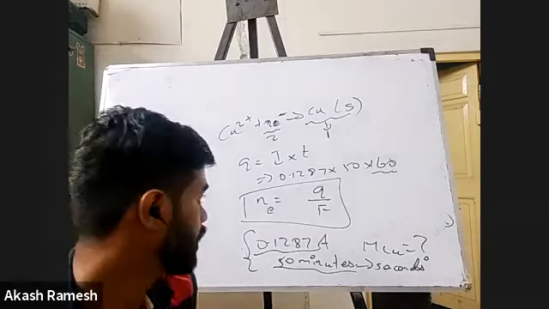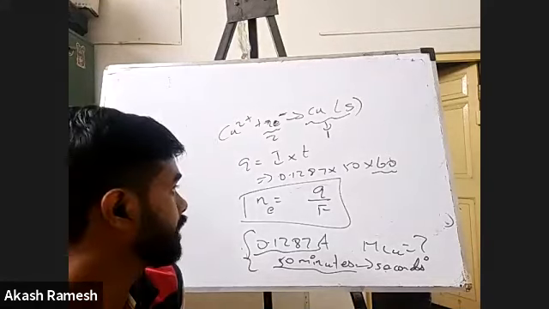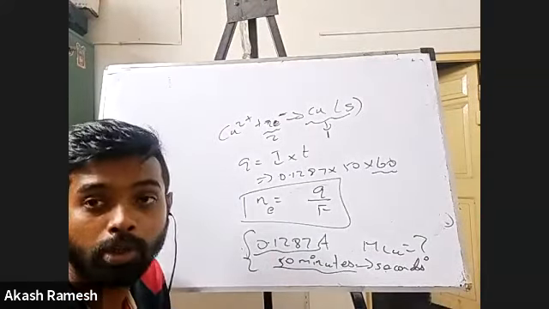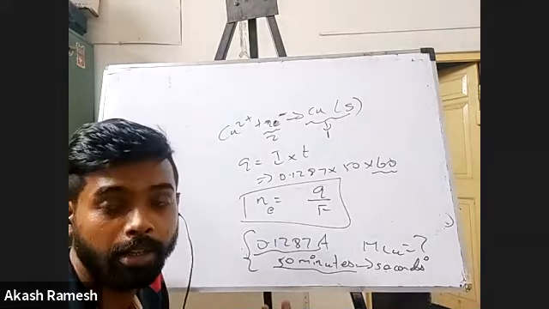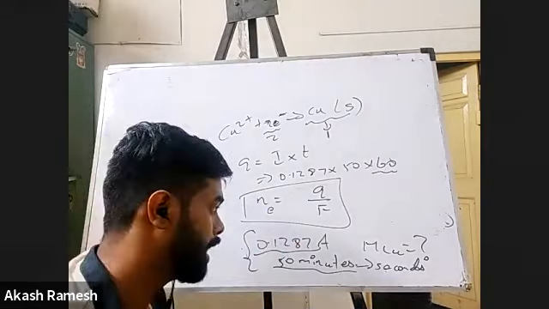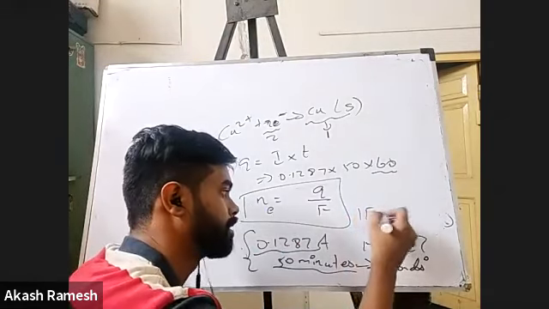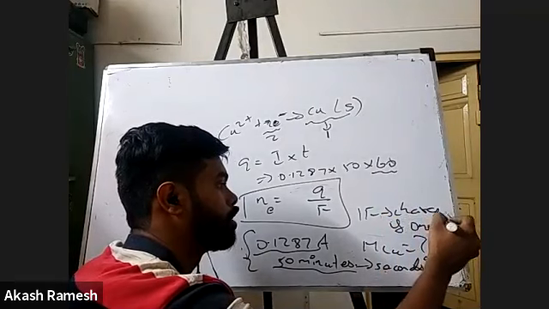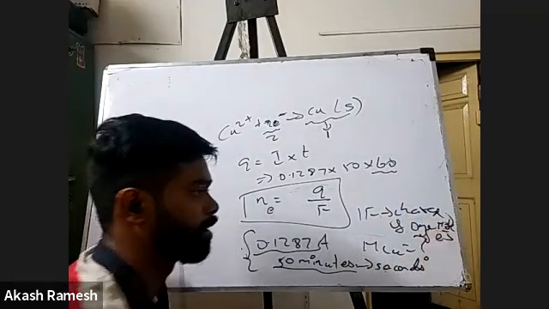Right? Okay. So what I was telling is, this is the formula to find the number of moles of electron, Q divided by F, and F is nothing but the charge of 1 mole of electron, right? 1F is the charge of 1 mole of electron.